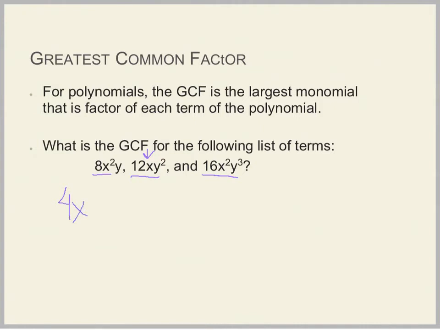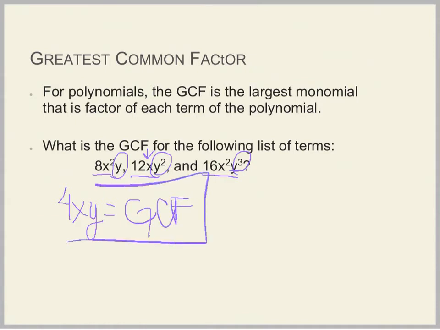And then, looking at the next terms, I have y squared, and y cubed. Again, the largest monomial term that could multiply into each of these just includes a y. So 4xy is the greatest common factor for this set of terms.